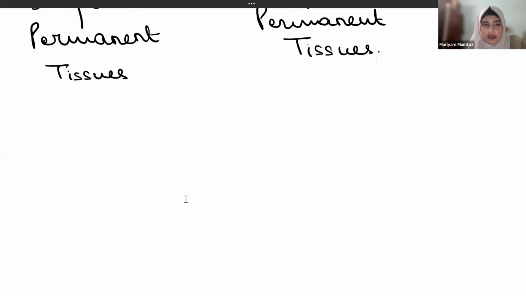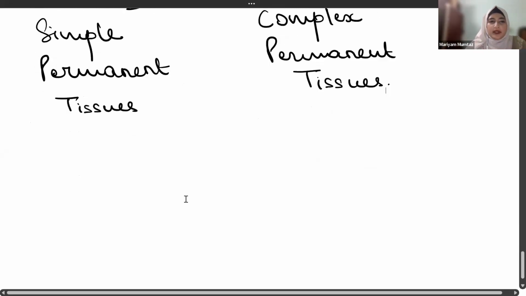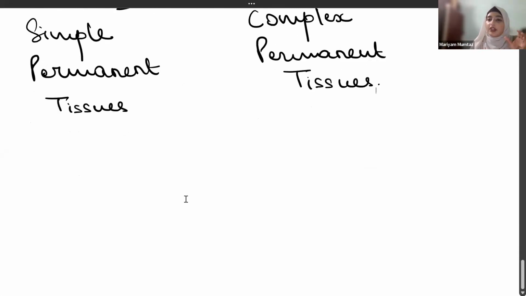In the complex tissues, there are many different types of cells which combine to do a task. For example, in the simple permanent tissue, only one type of cells will be present entirely, forming the whole tissue. In the case of complex, different types of cells will be together to form the tissues.